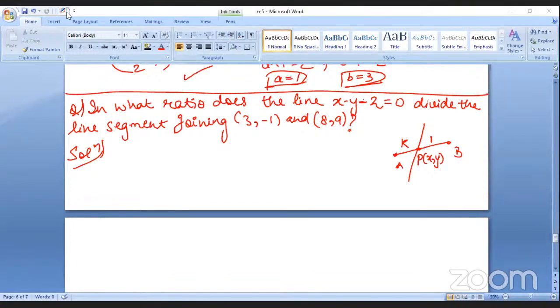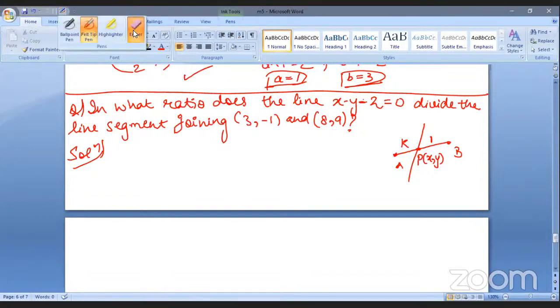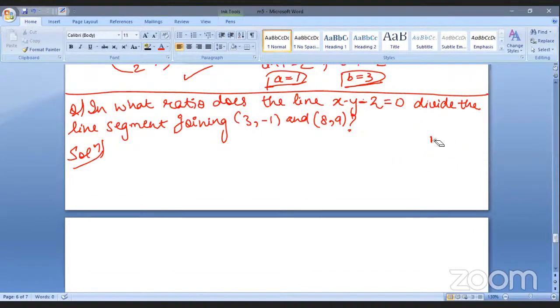Look, what will happen here? Just see. For suppose this is AB, A, B. The coordinates are known to us. 3, comma minus 1, 8, comma 9, right?